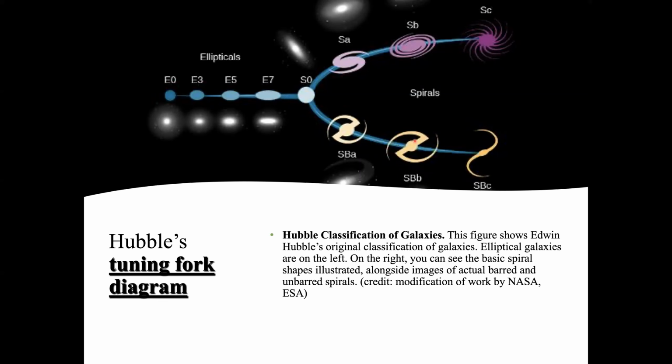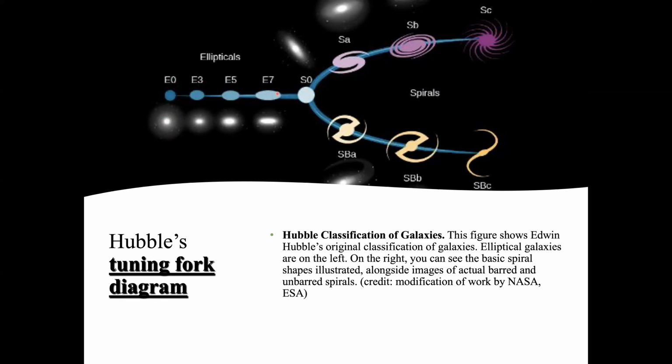Now, what you have in this part of the tuning fork diagram are all elliptical galaxies, right? They are subcategorized into different categories like E0, E3, E5, E7, like that. That's based on their shape, right?